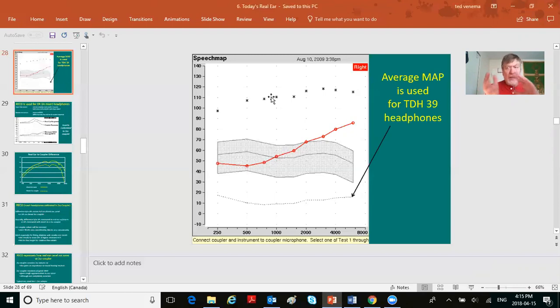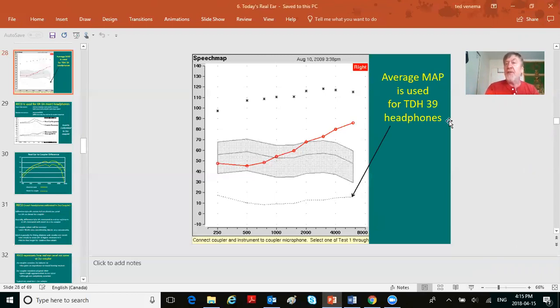There are lots of bells and whistles with it, but focus on the fact that they're trying to raise unaided speech and lay it in the guy's dynamic range, and remember that they take real ear to coupler difference and mic location into account, and you can use predicted values that are inside the real ear equipment, or you can choose to measure.